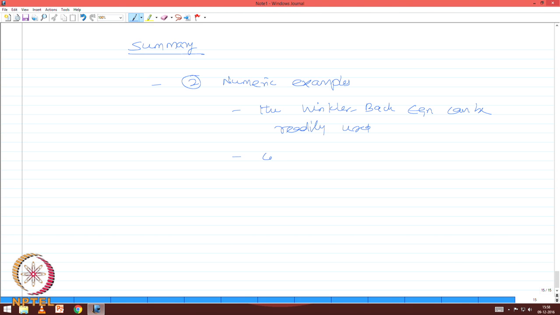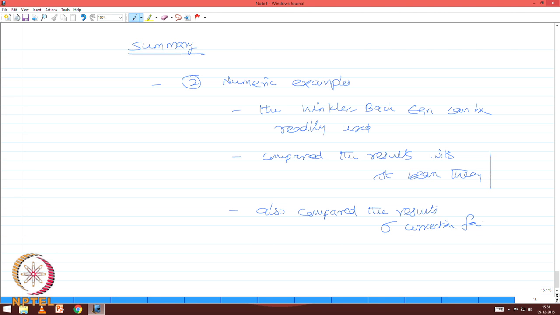We have also compared the results with straight beam theory. The difference is significant. We also compare the results with stress correction factors suggested by the researchers. The results were close to Winkler-Bach.